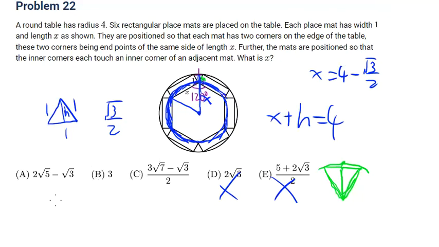What about this? 2 root 5? We think 2 root 5 is about 2.3, so basically 4.6 minus 1.7, 3.9.